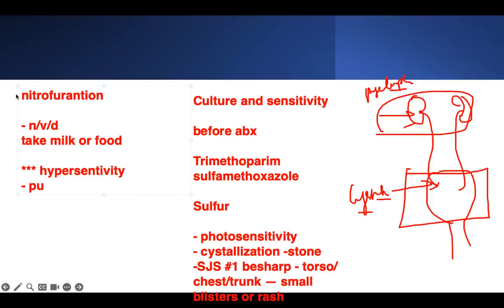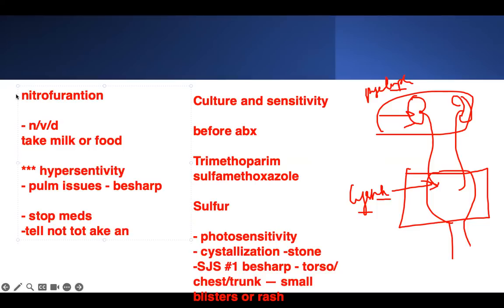Okay, and this is a pulmonary problem. They have a pulmonary issue, and this is your B-sharp moment. When you see that, stop the medication and tell the patient not to take it anymore.